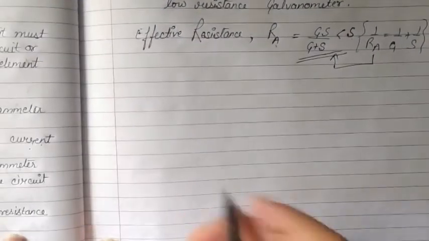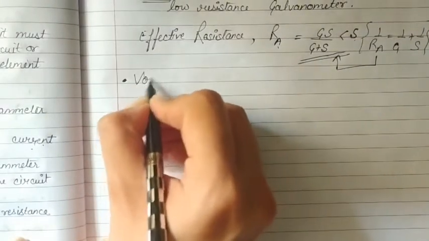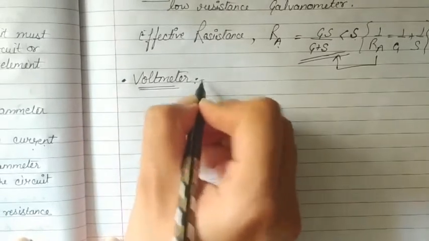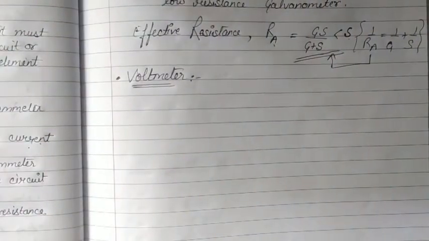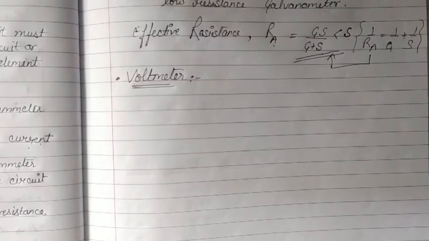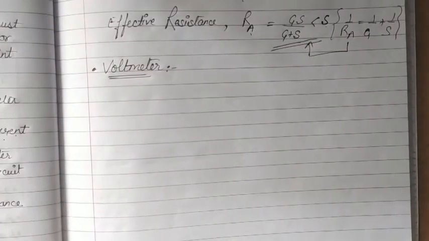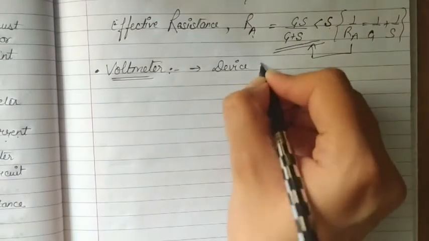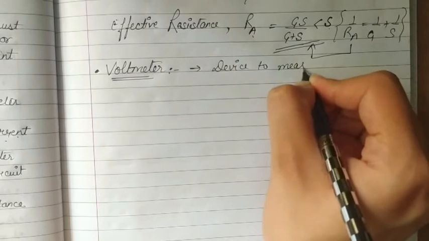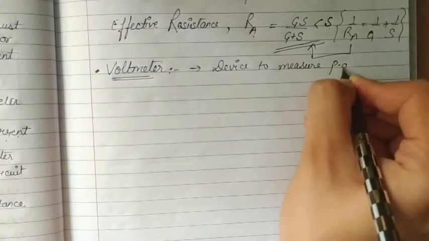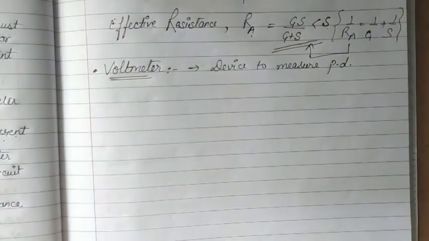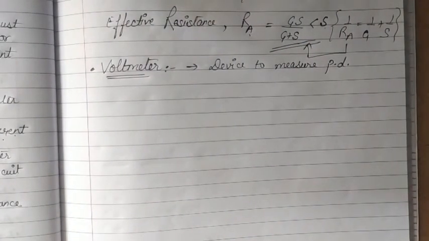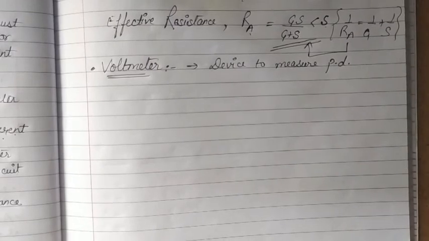Now let's talk about the voltmeter. The voltmeter is a device to measure the potential difference across any 2 points in a circuit. If we have a circuit, then we can find the potential difference across any 2 points by using a voltmeter.